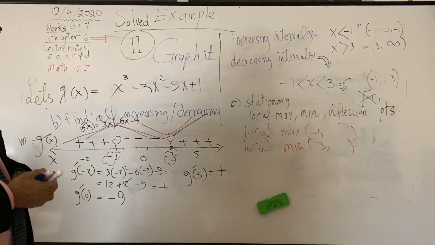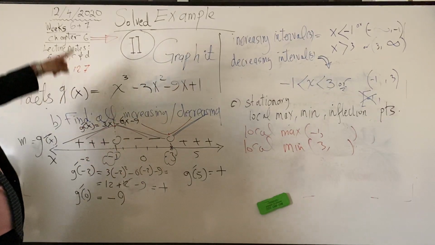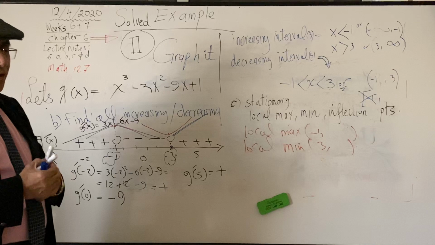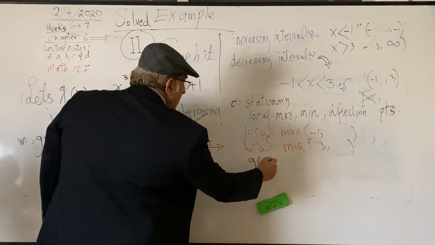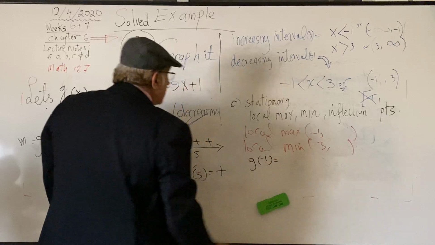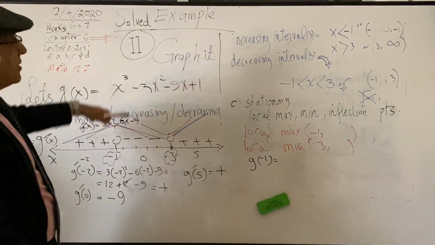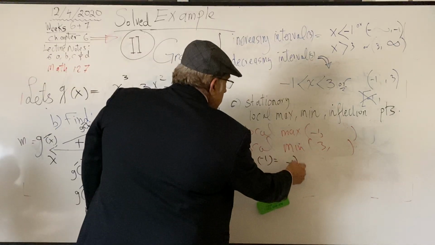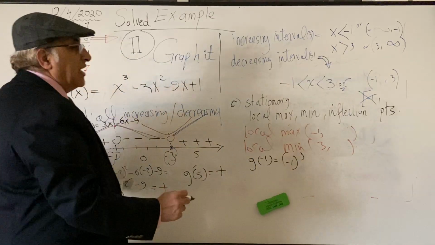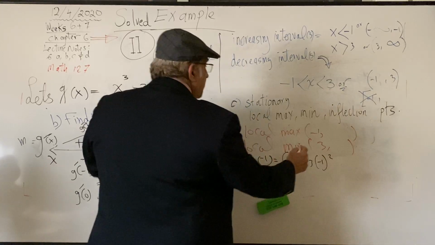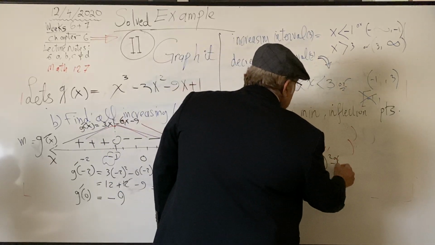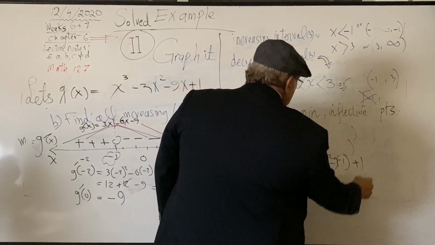Simple. Do I substitute the x in the derivative or in the original? I know you all know that. We go to the original one, g of x, and substitute -1. Substitute it there. -1 cubed, and then -3 squared, and then -9 times -1, and then +1.